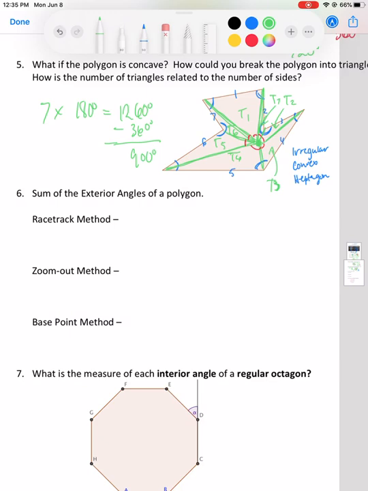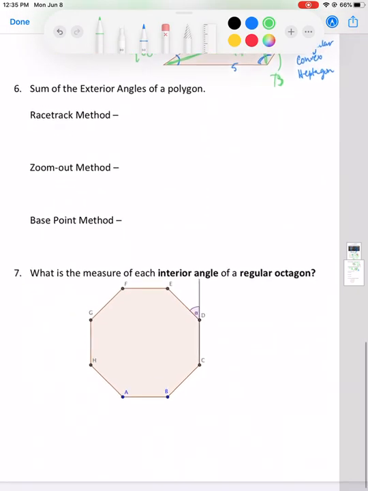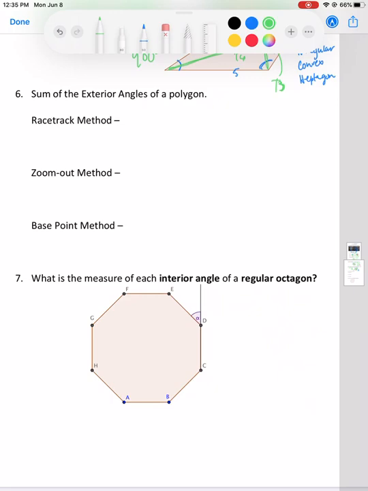Number 6 is the sum of the exterior angles of a polygon. First of all, what is an exterior angle? Let's try and draw one up here. I'll use blue. Exterior angle of a polygon.